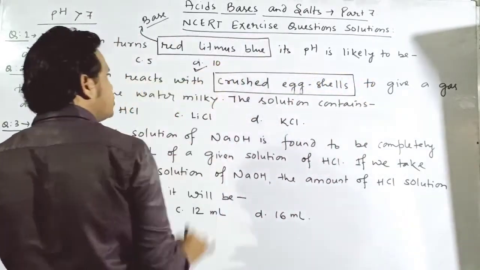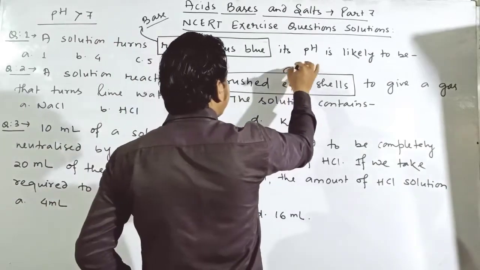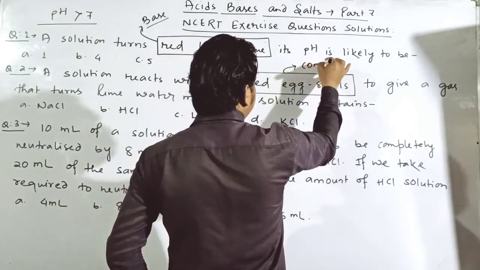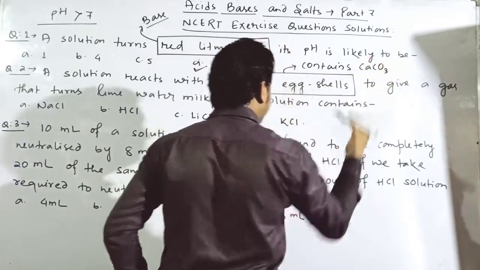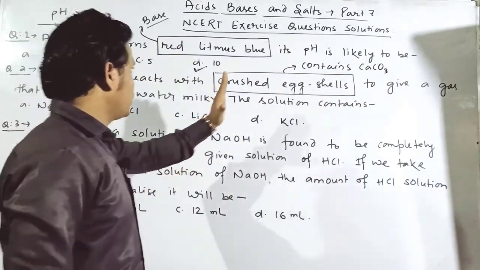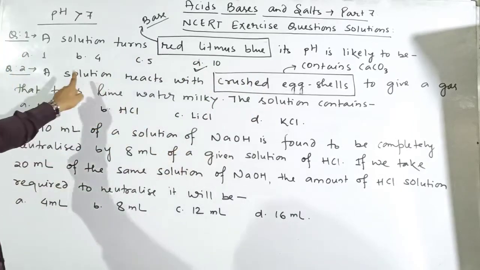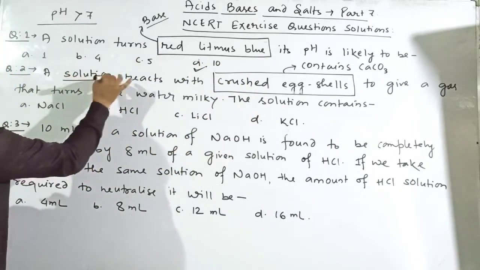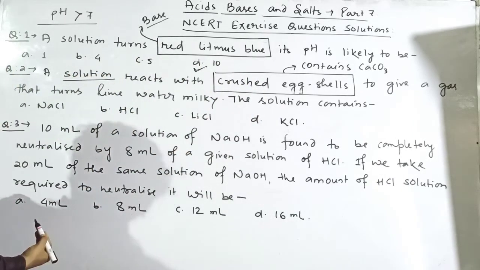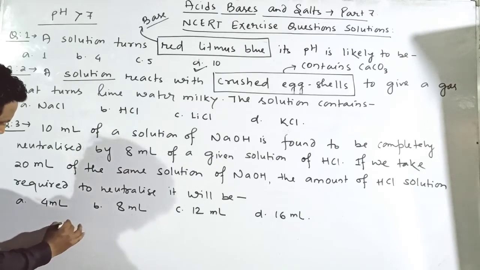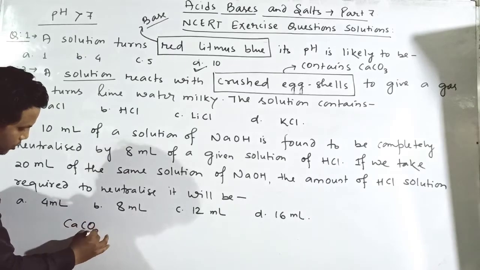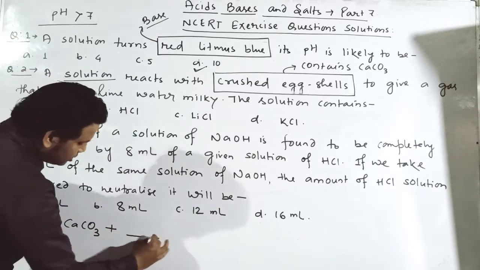Crushed eggshell contains calcium carbonate. So calcium carbonate reacts with a solution. Suppose a solution is there, and calcium carbonate reacts with that solution.